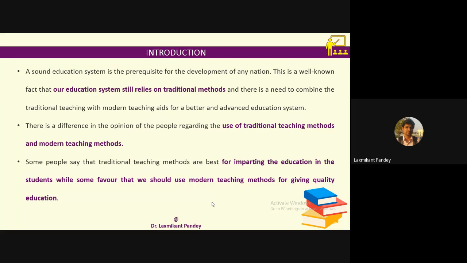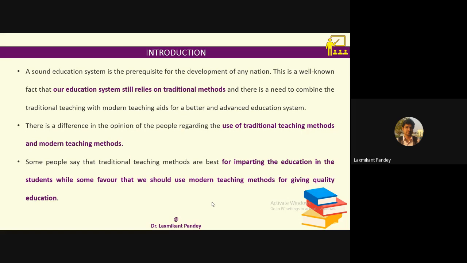Because of that, teaching methodologies are nowadays improving or gradually evolving in comparison to the older methods.